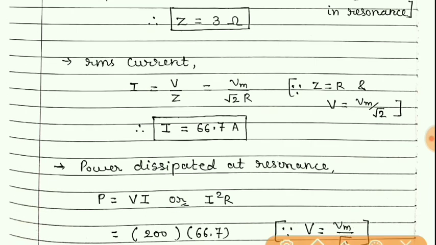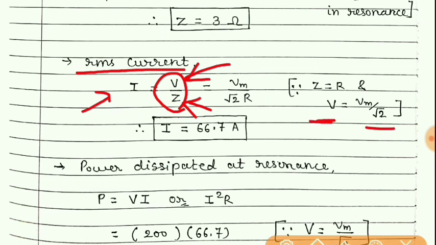Now RMS current, denoted by capital I, is equal to V by Z, where Z is the impedance. But once again, this RMS voltage is not given to us, but we know that RMS voltage V is equal to Vm upon root 2.